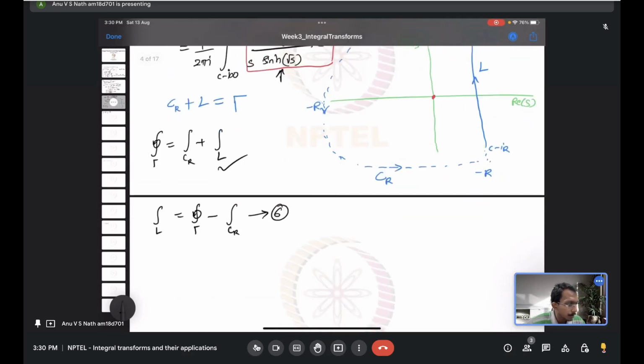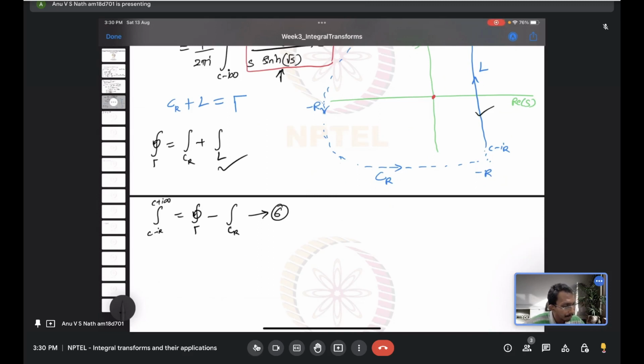Now we actually need to evaluate this line integral from c minus IR to c plus IR, which is over this blue line.